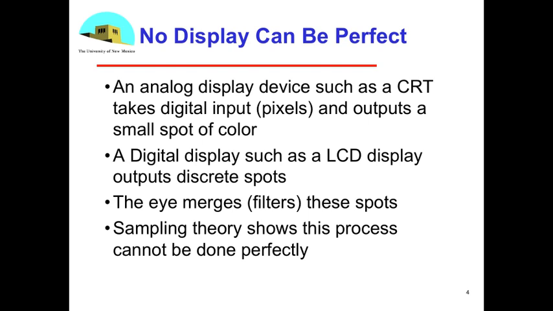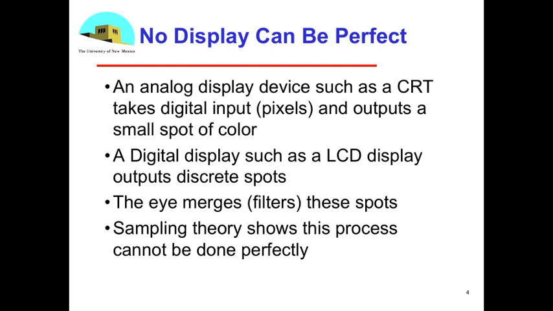One is you have to figure out how to filter this discrete data so that it all blends together and you don't see distinct spots. In a way, your eye does a large part of that, because if I'm sitting far enough away, my eyes aren't perfect, so they blend these spots together. So there's a level of filtering going on that I can model, and it turns out the ideal filter that you would need, as predicted by sampling theory, is not possible to construct.